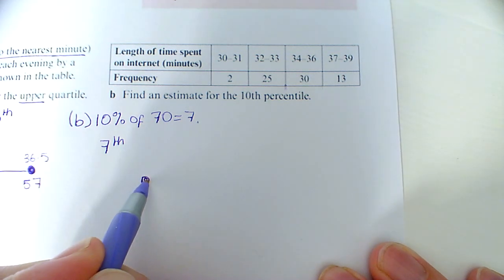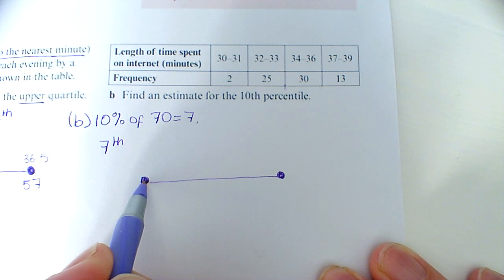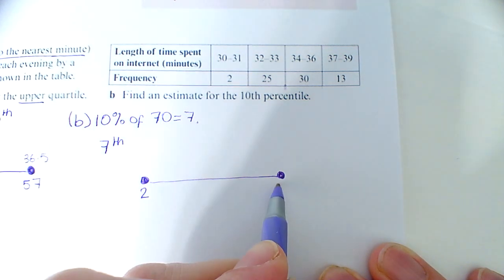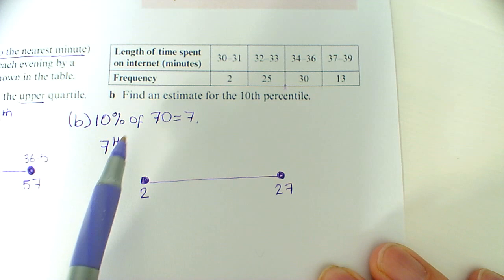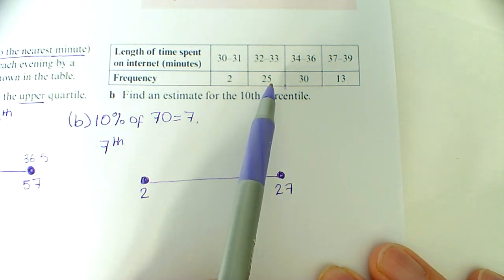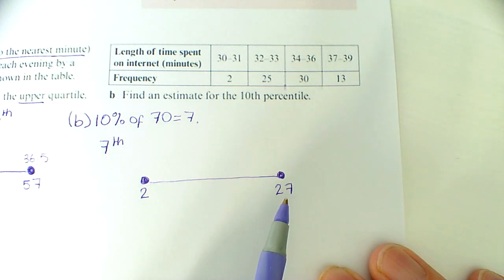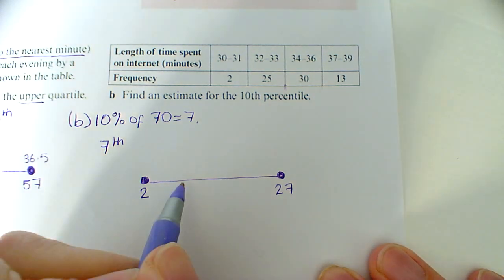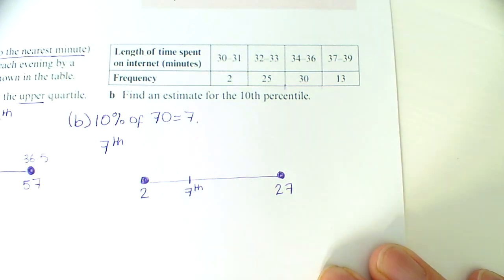I'm going to draw a similar scale to last time, with 2 there and 27 there. We want to find the 7th bit of data, which is here, in between 2 and 27.